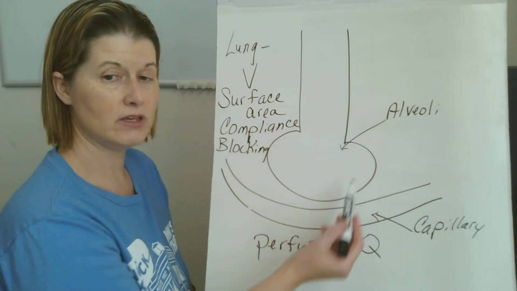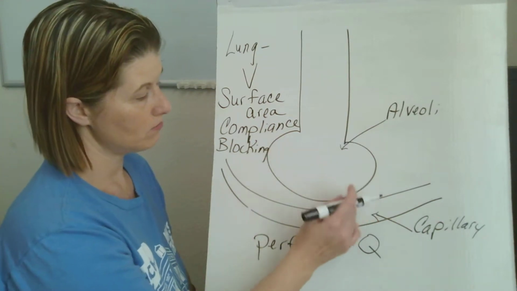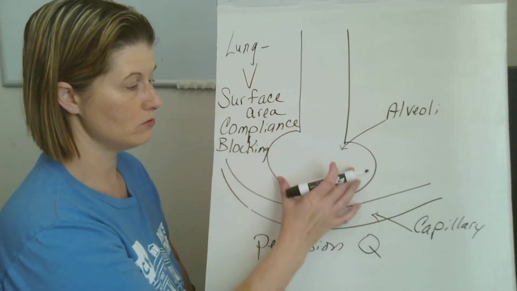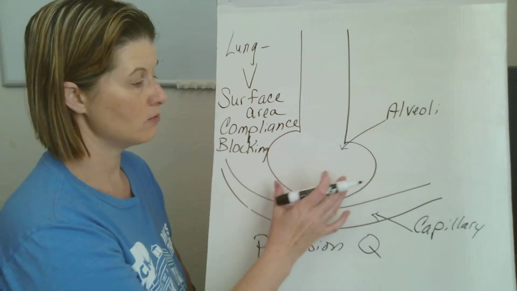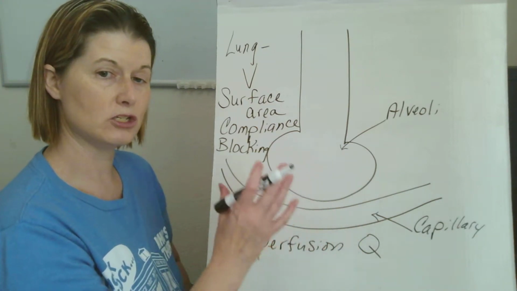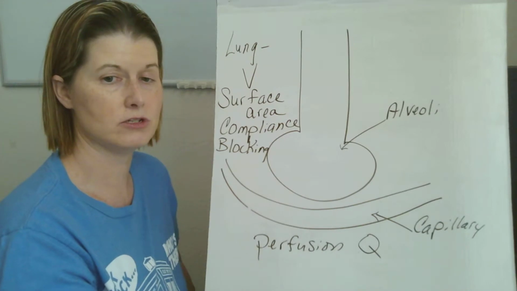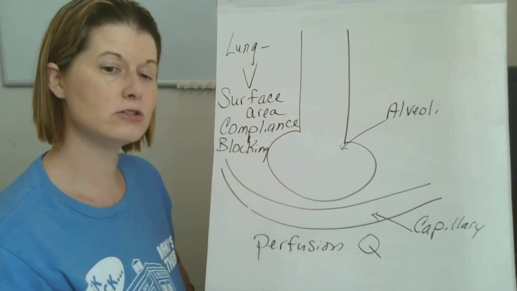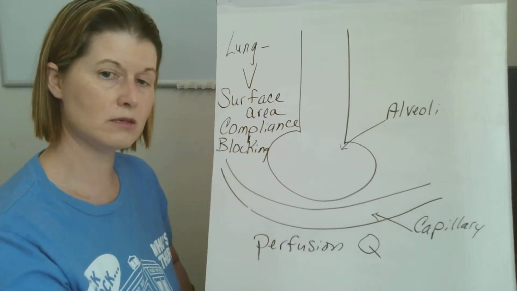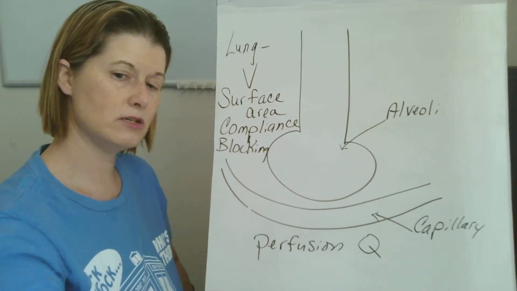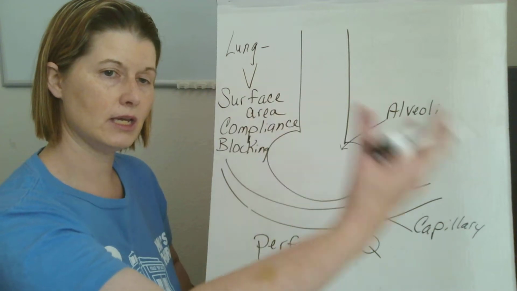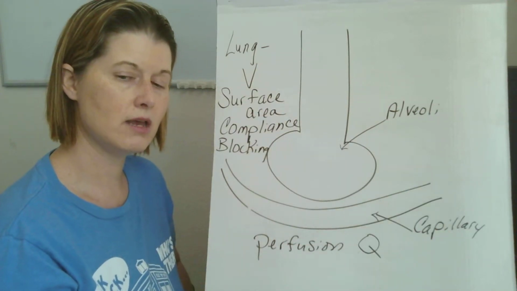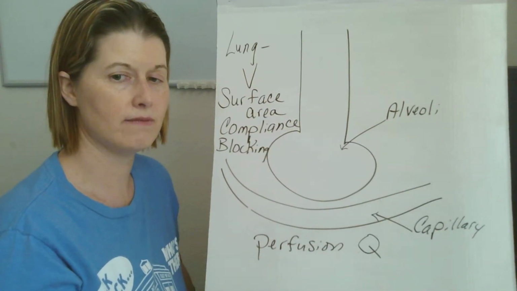So when you look at the alveoli, in order to perfuse, and what we mean by perfuse is it's exchanging carbon dioxide and oxygen, the lungs need to bring in oxygen to send it to the body, and they need to take the CO2 from the body and get rid of it in the exhale. That's the whole process behind ventilation.